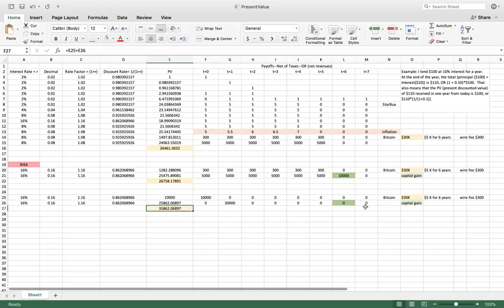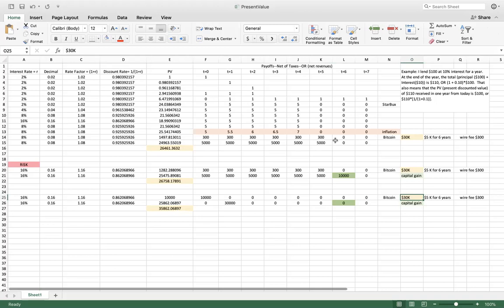And so for this type of person, Bitcoin starts to make sense. I avoid that $10,000 bribe. I buy $30,000 worth of Bitcoin. I have $30,000 worth of Bitcoin a year from now. And so the present value of that transaction is $35,000. It's more than the price that I paid for the Bitcoin. You see what I'm saying?